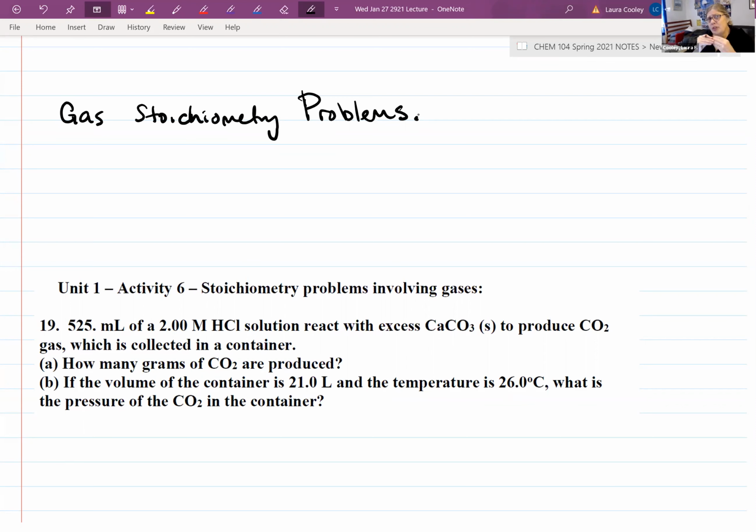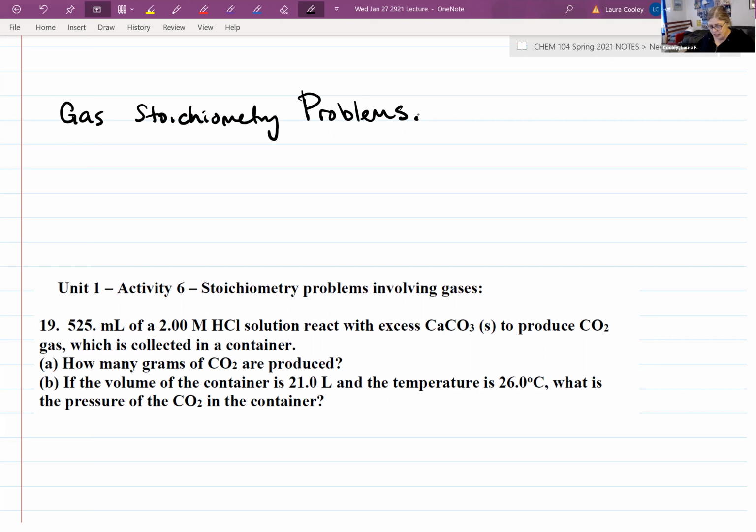But now we're talking about examples where a gas is produced or maybe a gas reacts. If you started with grams of a reactant and want to end up with grams of a product, you have to go grams to moles to moles to grams. You can't go directly from grams to grams.